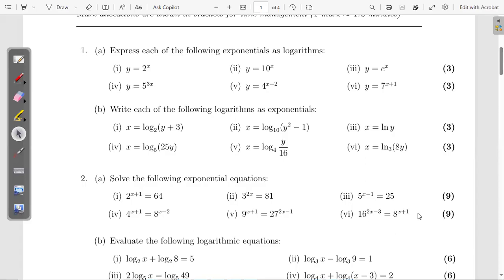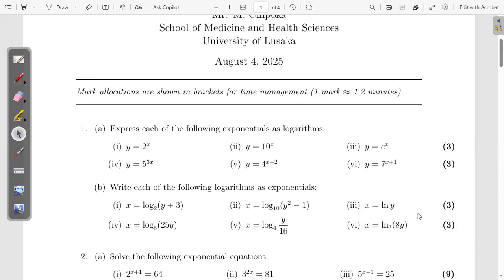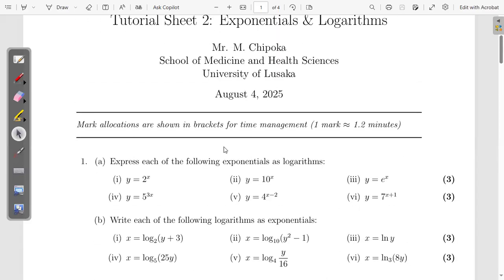Okay, so in the other class, I remember we were looking at some questions on logs. We were looking at how to convert from the exponential form to the logarithmic form. So I believe none of you has a problem with that. We also looked at how to convert from the logarithm to the exponentials.